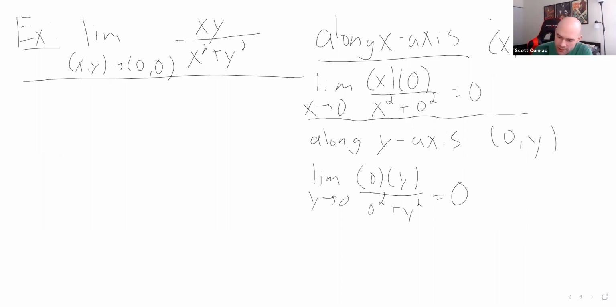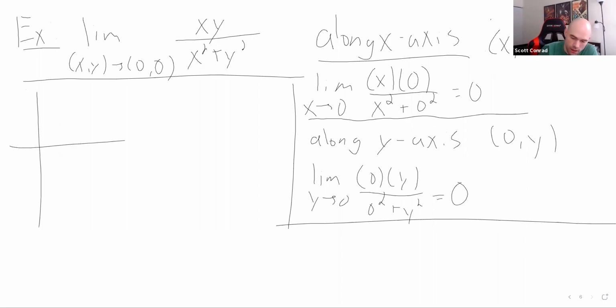But the best way to check here is we can actually check along any straight line to the origin, basically in one go, right? So all straight lines through the origin are going to have the equation y equals mx.